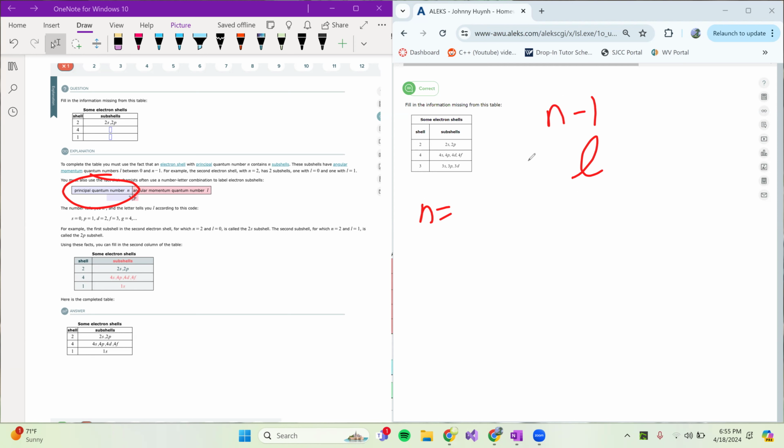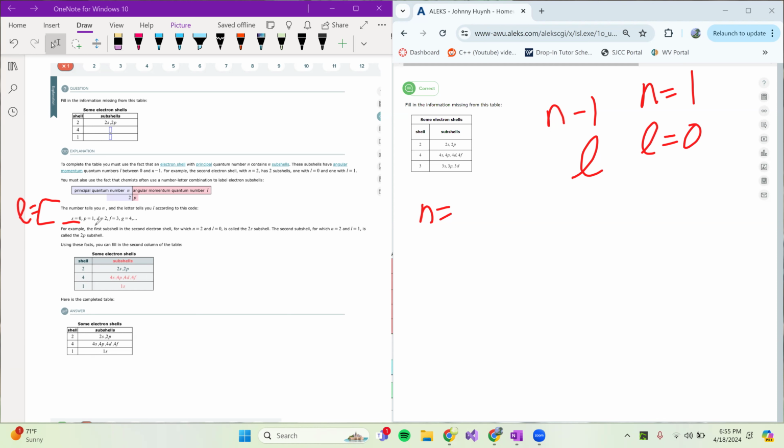So when n is equal to the energy level 1, the L will be 0. Using this table, when L is equal to 0, you have an S subshell.